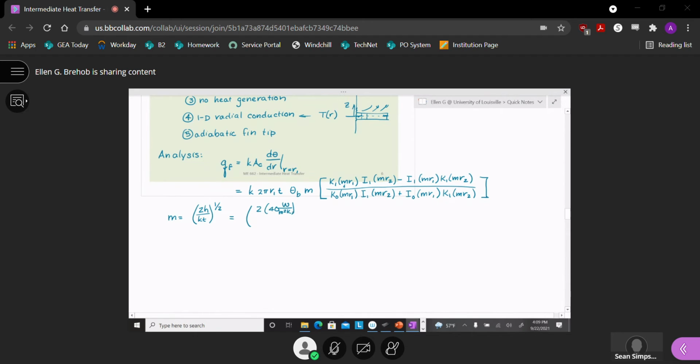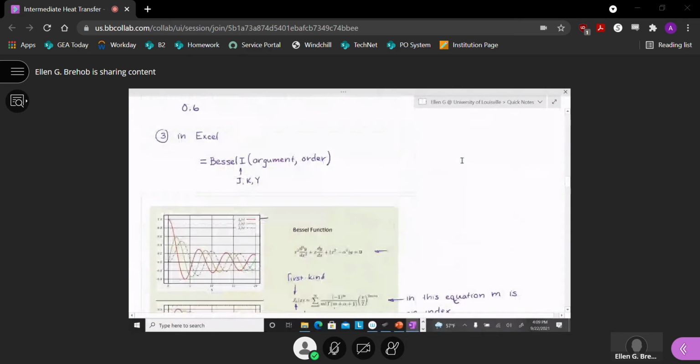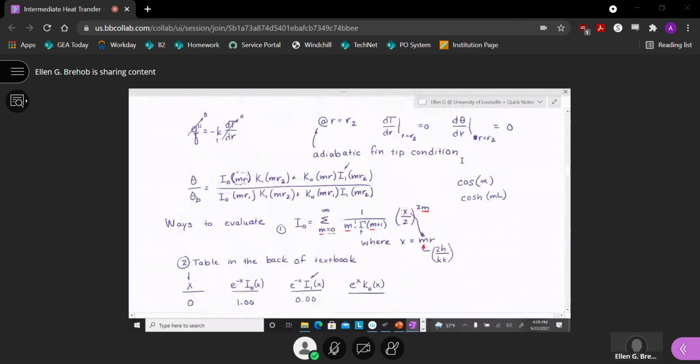Professor, did that derivation come from a previous example? The Bessel? No, I didn't go through the derivatives. What we had before, we had a temperature distribution, I think. All right. So we would have to take the derivative of this with respect to R. And I didn't show you that.